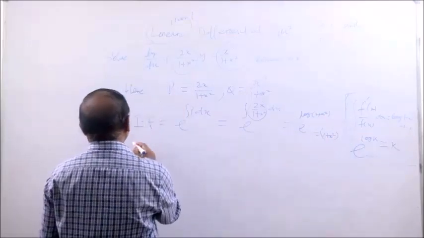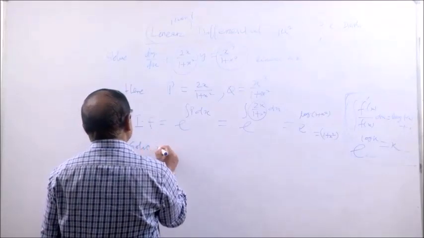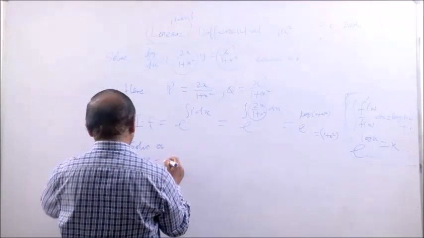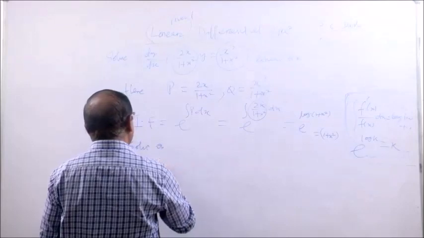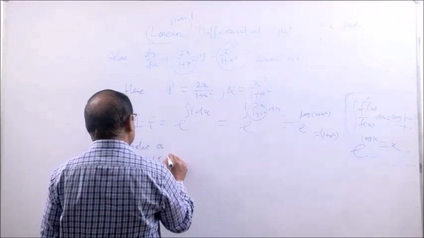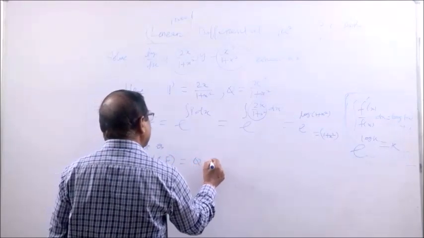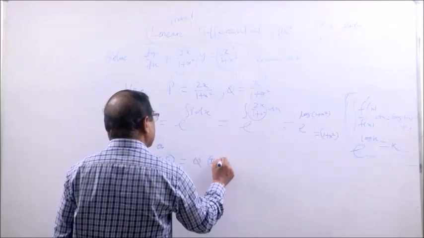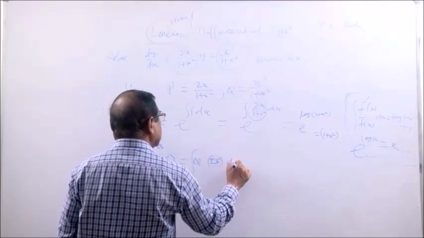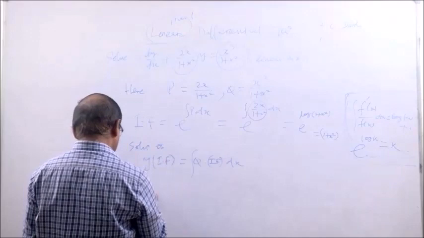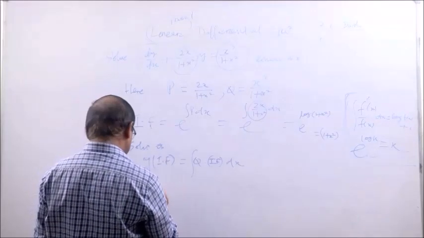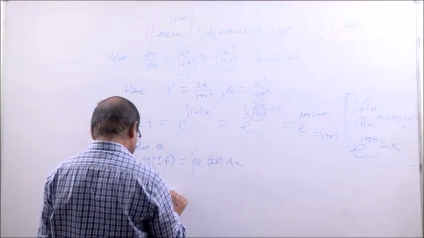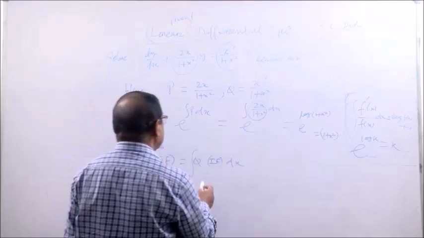Then the solution is y into IF is equal to integration of Q into IF dx. So y into IF, what is the IF? It is 1 plus x square. What is Q?